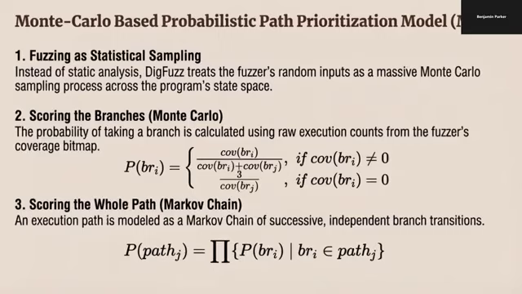DigFuzz just utilizes this already known data and treats the fuzzer's high-speed random guessing as a massive Monte Carlo simulation. Essentially, it's applying this massive input to the probability of each path.